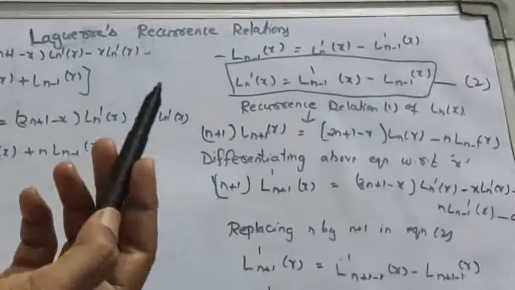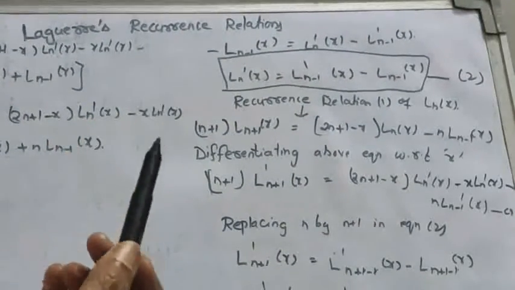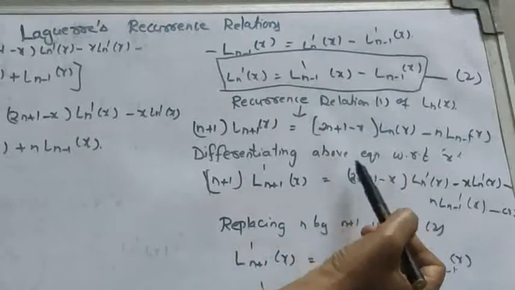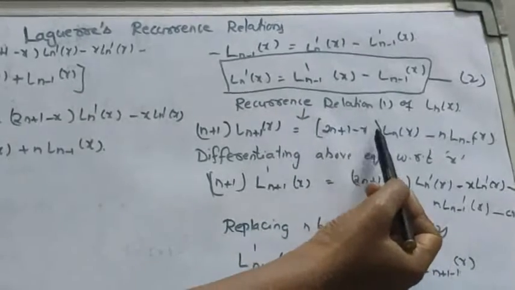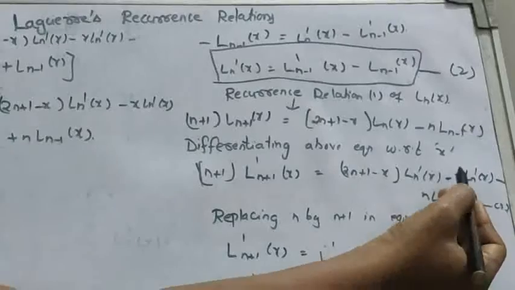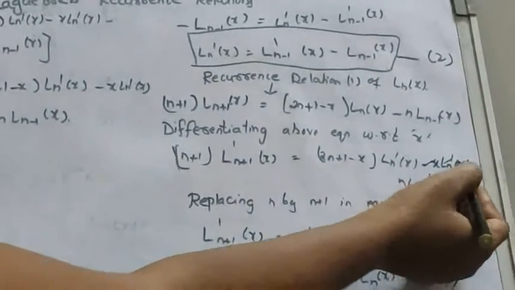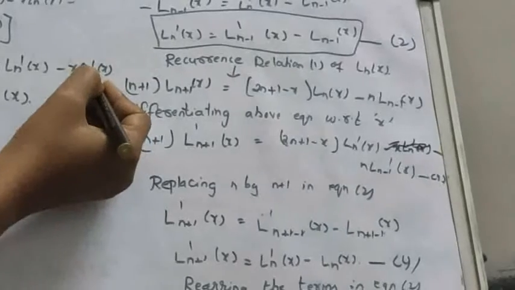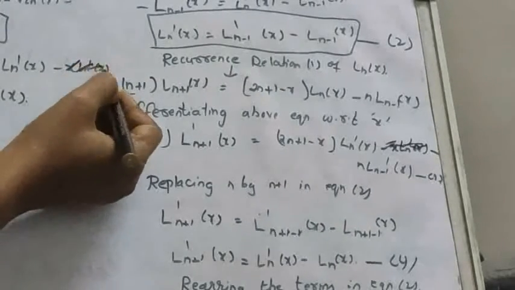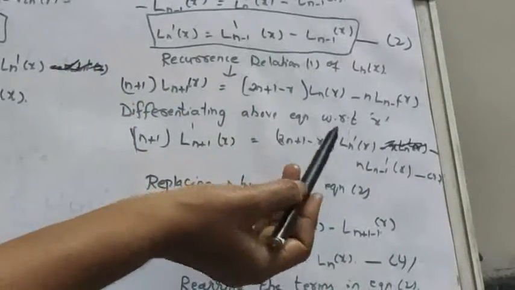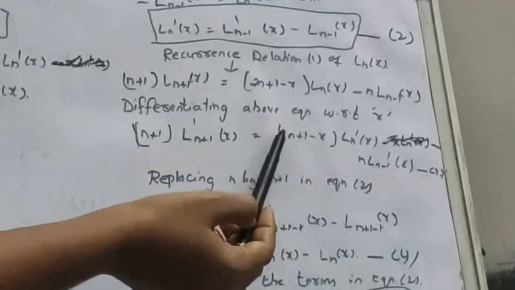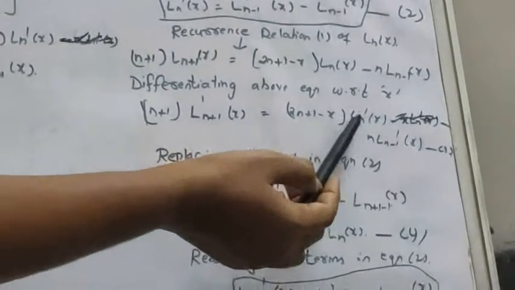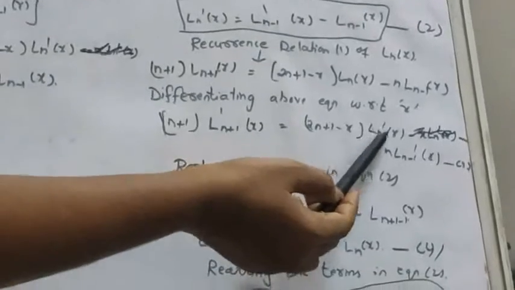Here while differentiating recurrence relation 1, the differentiation of this one is 2n plus 1 minus x ln dash of x only. Here you won't get this term, because the differentiation with respect to x of 2n plus 1 minus x we have written as ln dash of x, that's it.